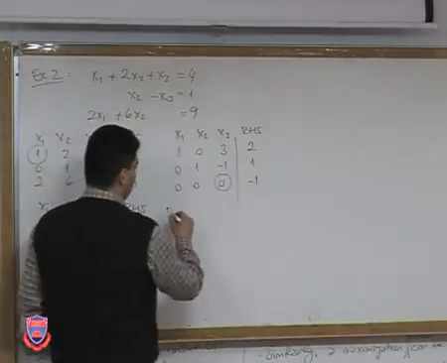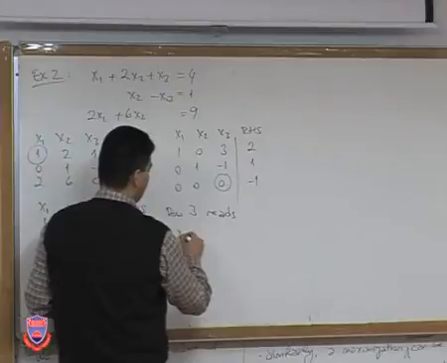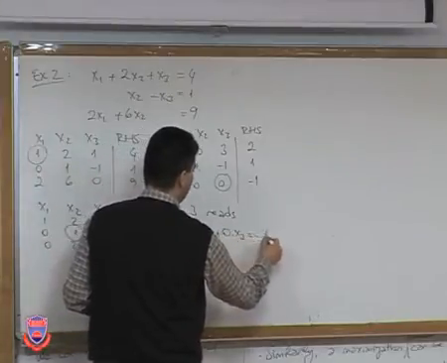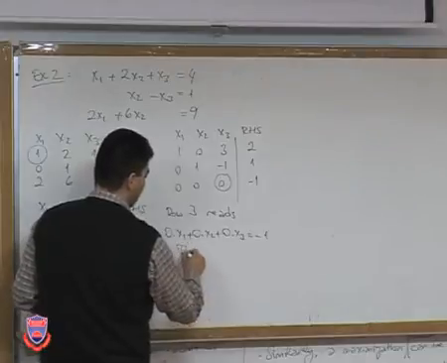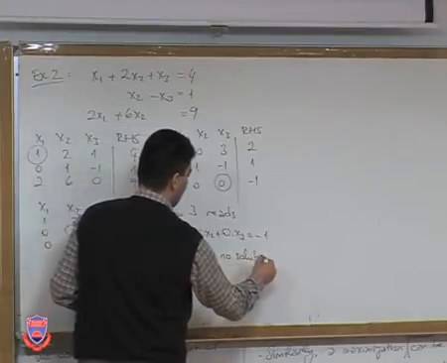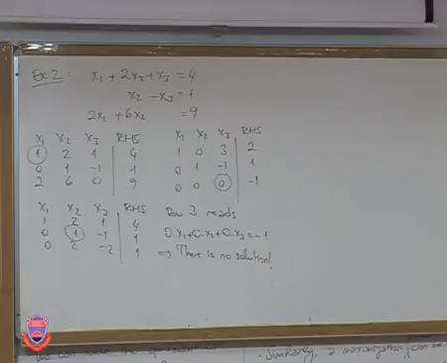So row 3 basically reads 0 times x1 plus 0 times x2 plus 0 times x3 is equal to -1. So this implies that there is no solution. Does everyone see why there's no solution to this system?